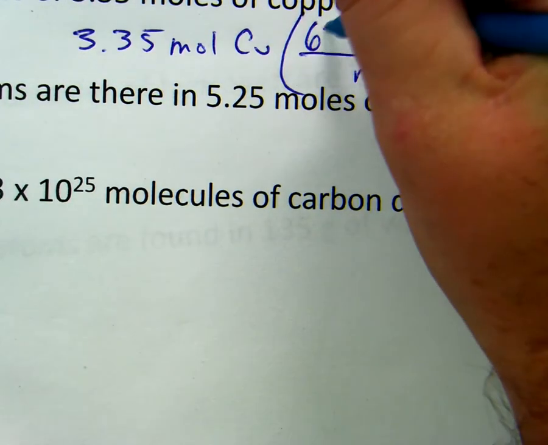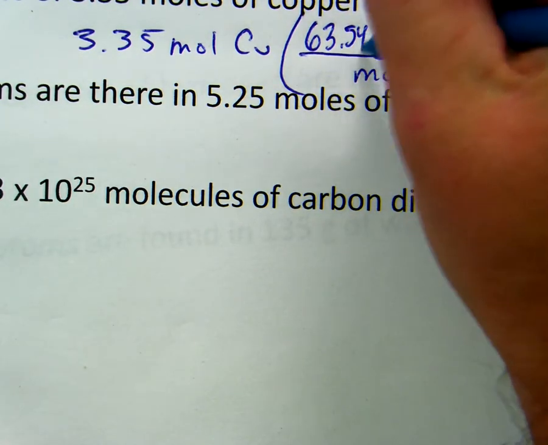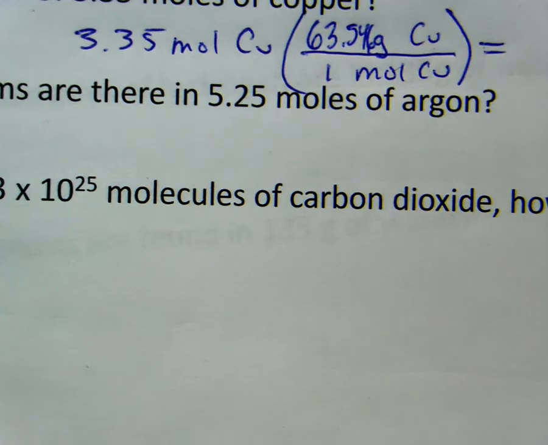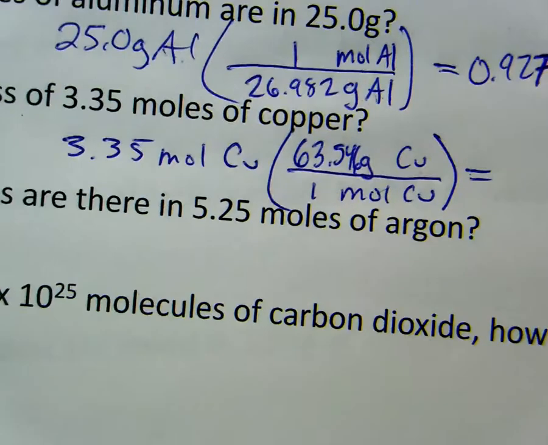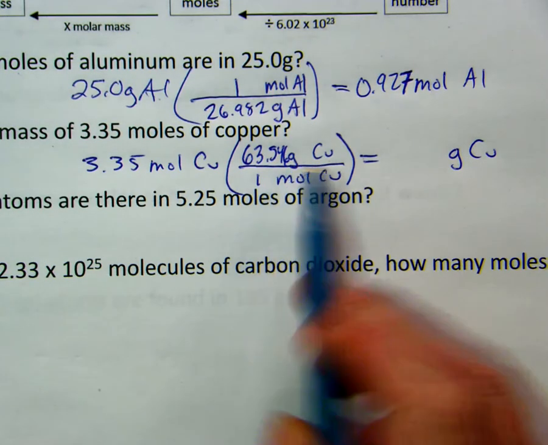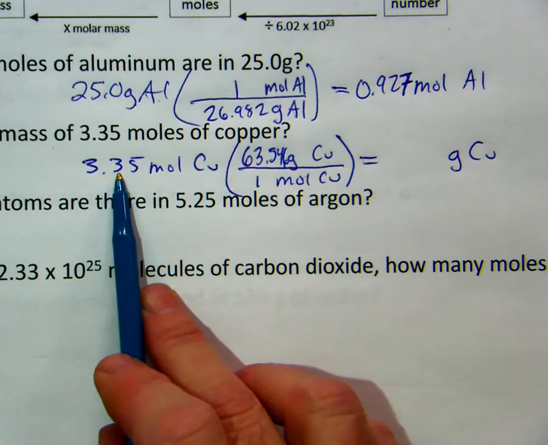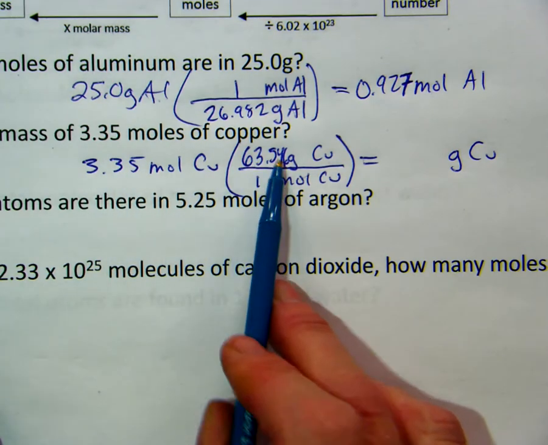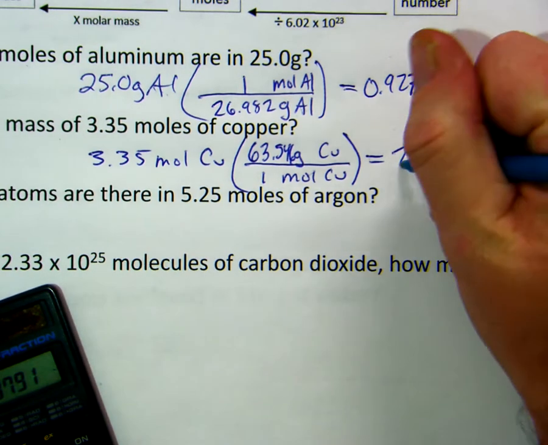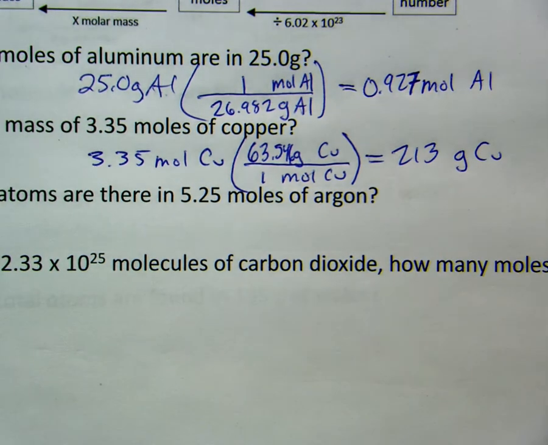So I have 63.546 grams of copper when I have 1 mole of copper. So 3.35 times the molar mass, 63.546 grams, and I get 213 grams of copper.